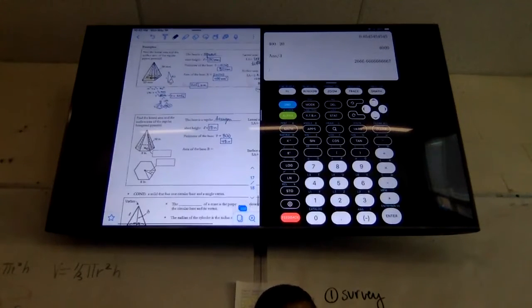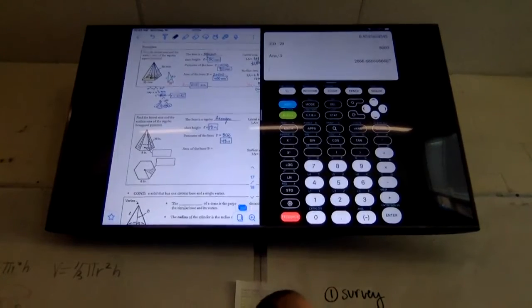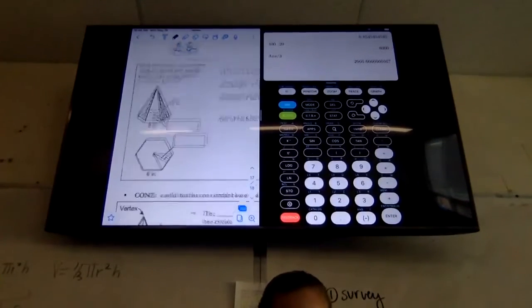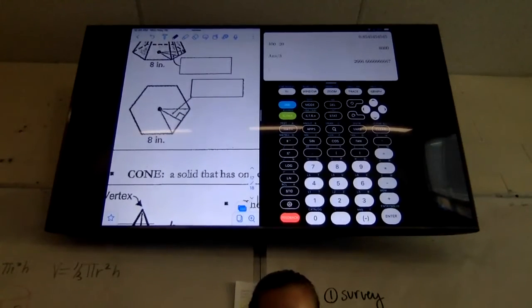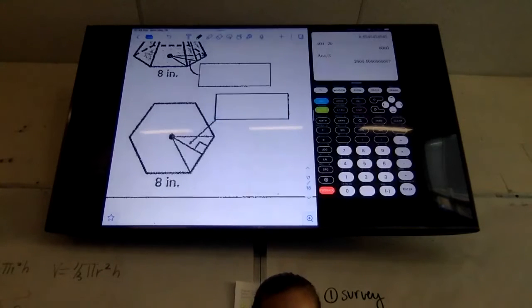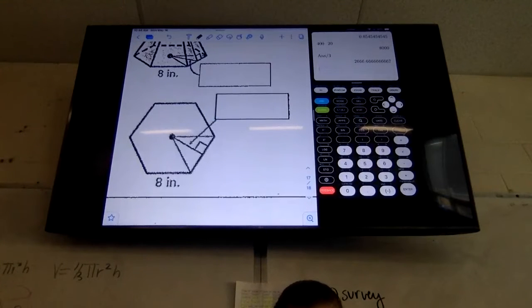And then area of the base. Ooh, that's going to be a little bit more work. I drew this out separately just so we didn't have to draw it out ourselves. I drew this big hexagon because I wanted to help us figure it out. I know that this is 8. So what else do I know? The radius, or just from the center to the vertex is all 8? Uh-huh.